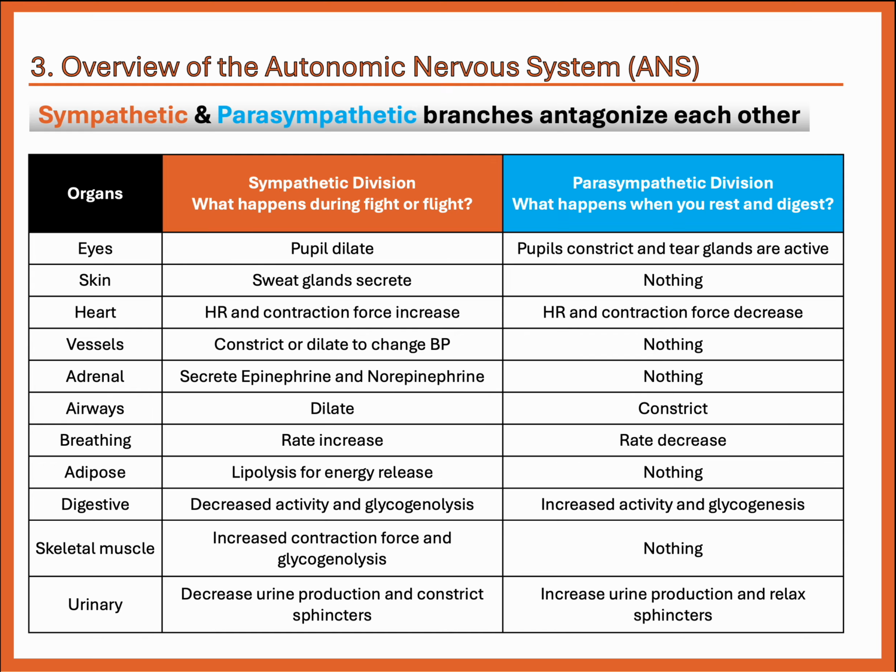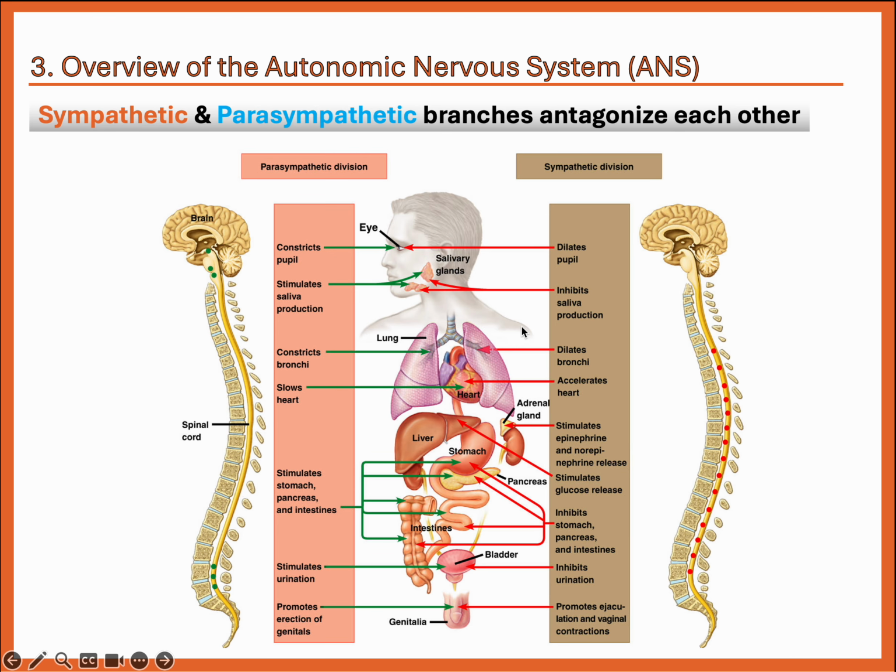So I've tried to really summarize the main things over here that are important for us. So you could take a look at this. These are the main findings that we find in the sympathetic, what happens in the parasympathetic for every organ. Remember, what I need you to remember is that the branches antagonize each other. Some neurons send out their neurons to, let's say, the salivary glands and tell it to inhibit saliva.